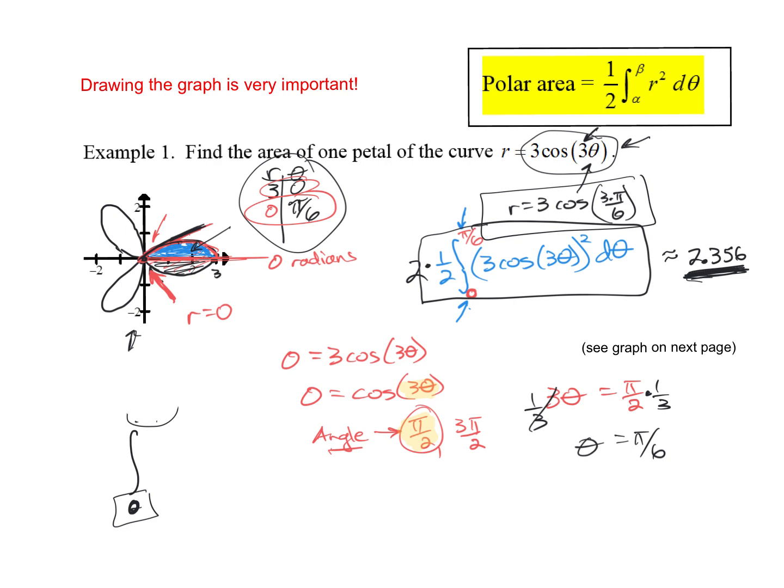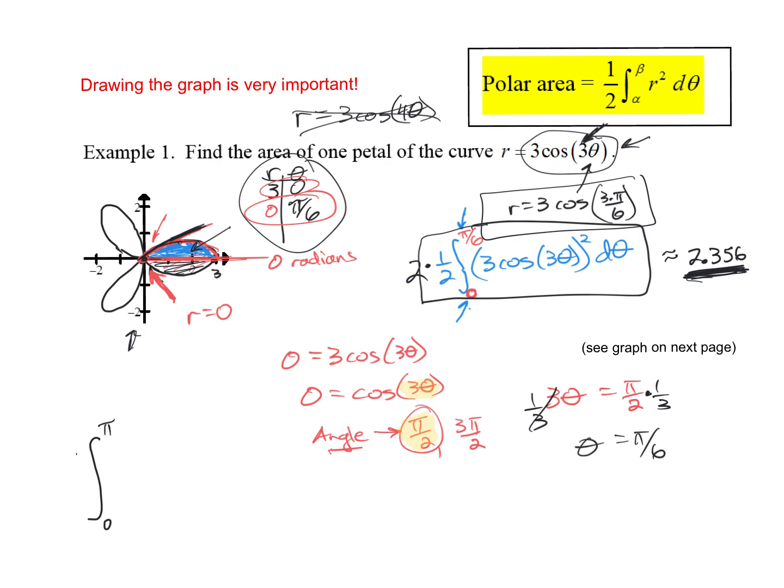So for the rose petals that have odd numbers, it only goes from actually 0 to pi. So if you went 0 to pi, that would draw that entire rose. The rose curves that have even numbers in it, like if it had r equal to 3 cosine of 4 theta, where you actually have to draw 8 petals, those are the ones that take 2pi to draw. But these other rose curves only take pi to draw.